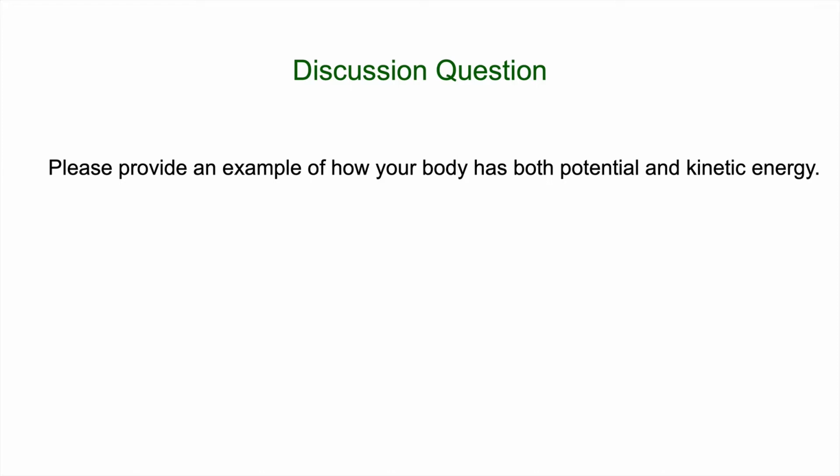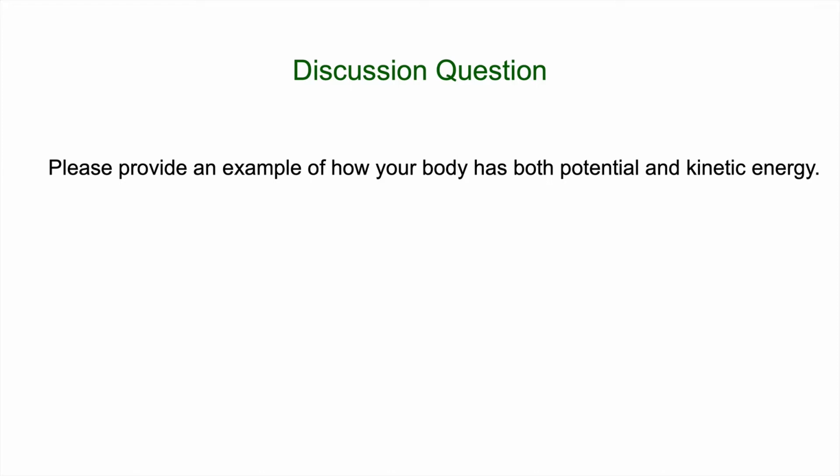All right. Well, there's a variety of ways that your body has both potential and kinetic energy. In your cells, in your bloodstream, you have a certain amount of glucose at any time that can be burned right away. You have glycogen, which is animal starch. We talked about that way back in chapter 3. That's stored potential energy that can be used when you need it.